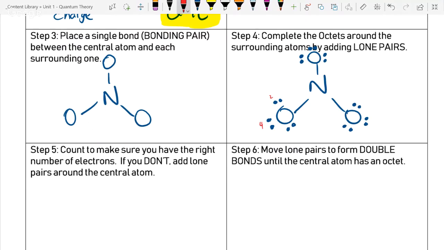2, 4, 6, 8, 10, 12, 14, 16, 18, 20, 22, 24. So you tell me, can I do this? Somebody's stopping me. Who's stopping me? The electron police. Because how many do I have? How many electrons do I have? 24.